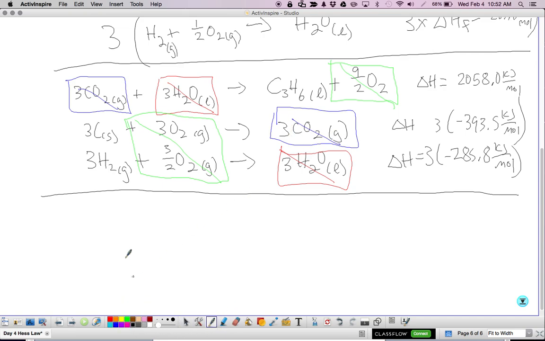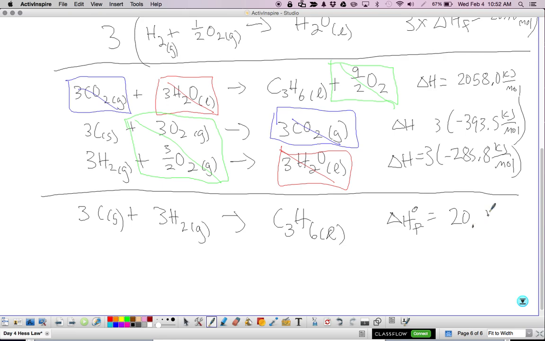Now all that I'm left with is 3 carbons plus 3 hydrogens yields C3H6 liquid, delta H. Now this is a formation reaction. And then I just do the sum of all this stuff, and I get 20.0 kilojoules per mole.